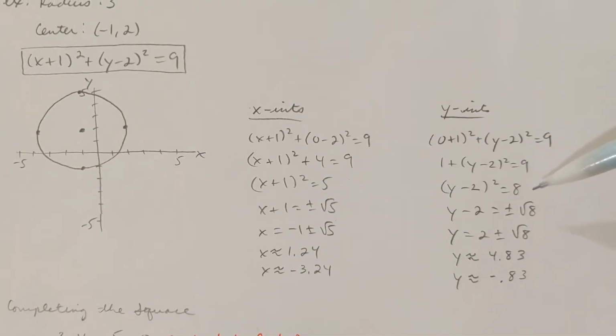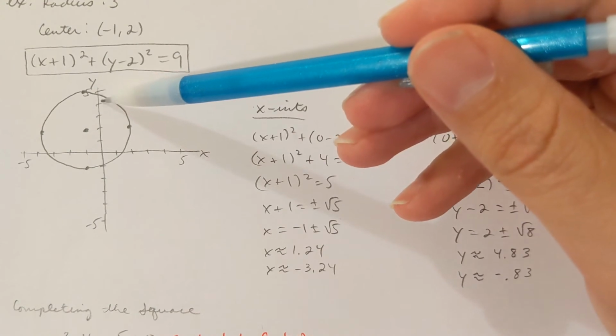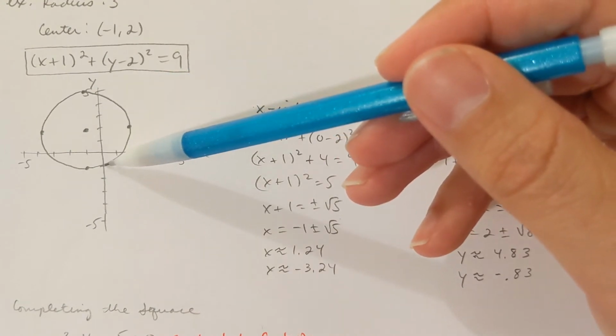So y equals 2 plus or minus the square root of 8. y is equal to 4.83, and y is equal to −0.83. Okay, so here's 4.83, and here's −0.83.